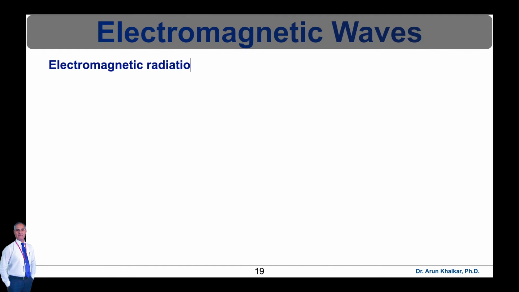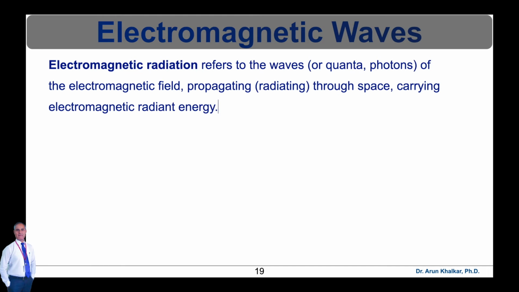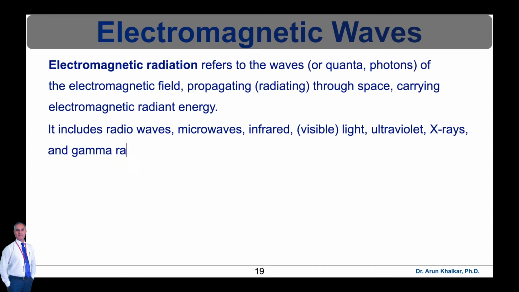Electromagnetic radiation or EM radiation or EMR refers to the waves or their quanta or photons of the electromagnetic field propagating or radiating through the space, carrying electromagnetic radiant energy. It includes radio waves, microwaves, infrared, visible light, ultraviolet, X-rays, and gamma rays.